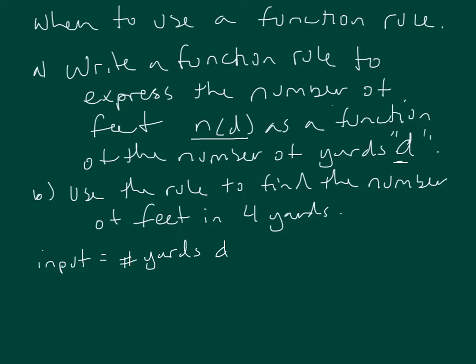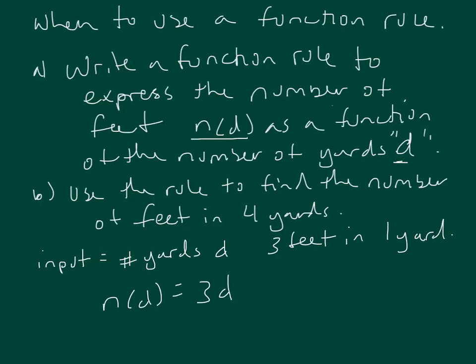I know that there are 3 feet in 1 yard. So my function would be the number of feet, with the number of yards as input, equals 3 times the number of yards. So here's my function rule: n of d is equal to 3d.